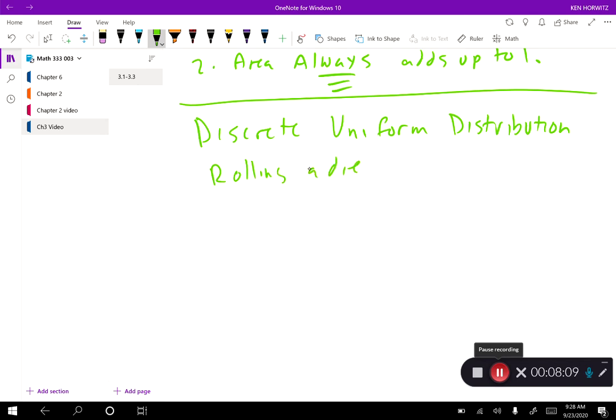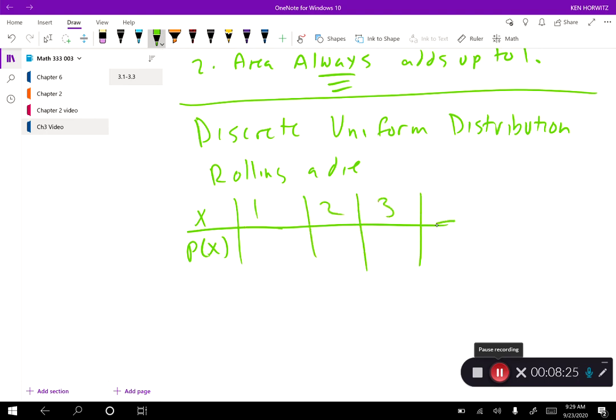If we were to put this in a probability distribution, my x values are going to be 1, 2, 3, 4, 5, and 6.